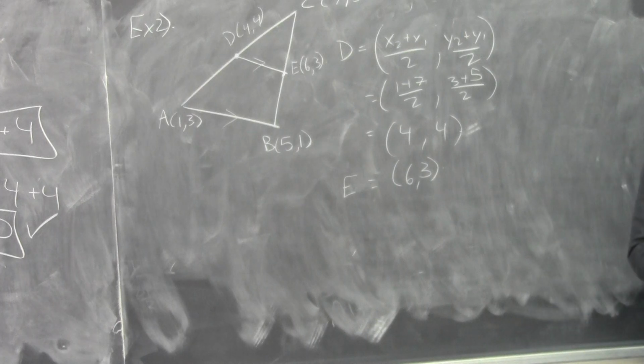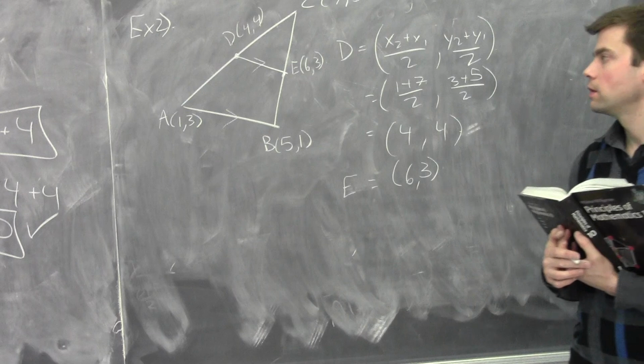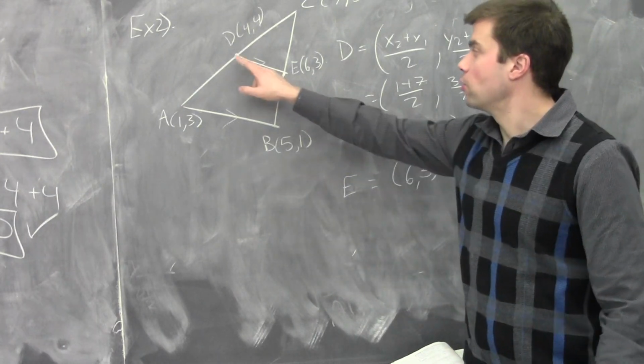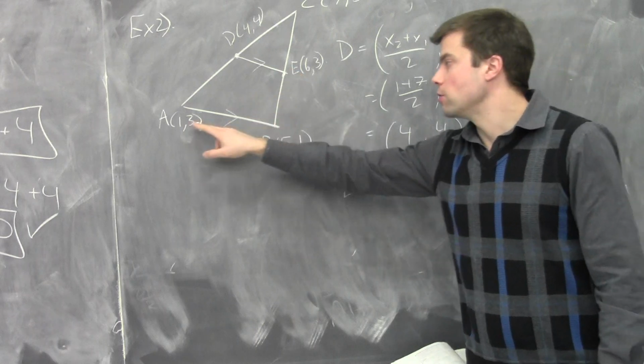Okay, once we have those 2 points, what do we do next? Luigi. We calculate the slope using the 2 points. Good, so you're going to calculate the slope of DE and the slope of AB.